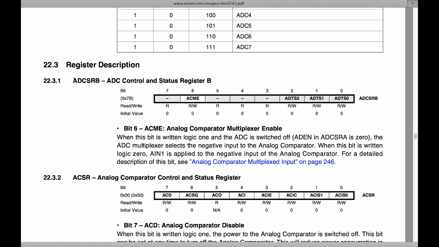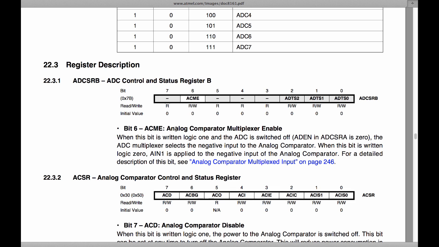And here you see the ADCSRB register. For example, here we need to enable the multiplexer for the comparator, so we need to write a 1 in the ACME bit. The ACME bit has this name, and it's bit number 6 in register ADCSRB.